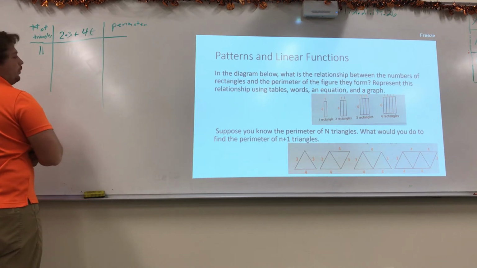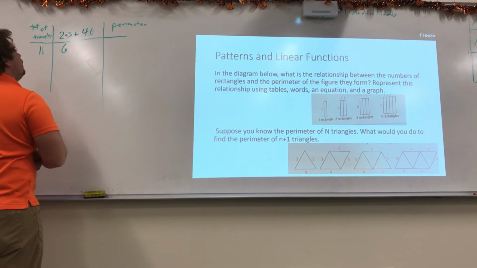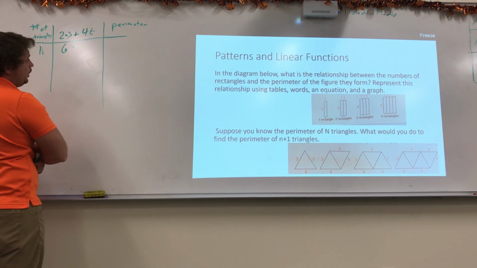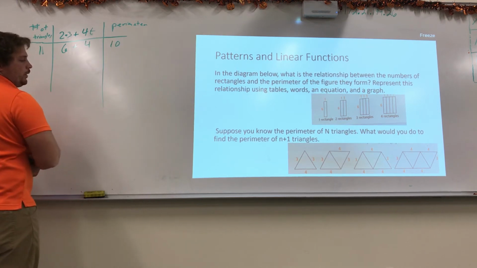Alright, so we know that there are 2 sides of 3, so that gives me 6, plus 4 times the number of triangles, which is 4, so my perimeter of the first one is 10.